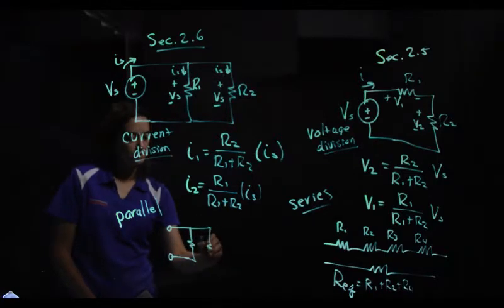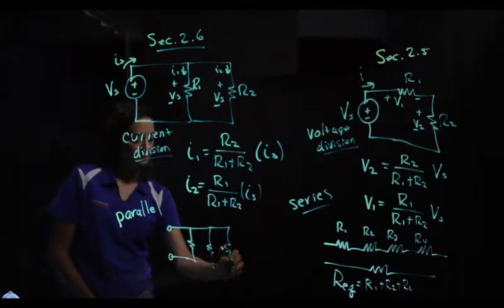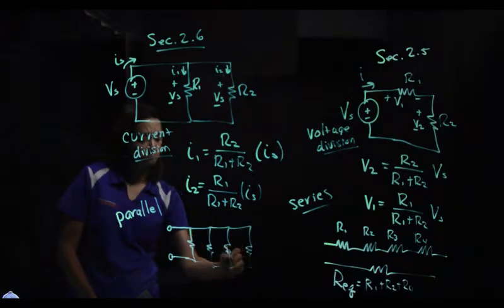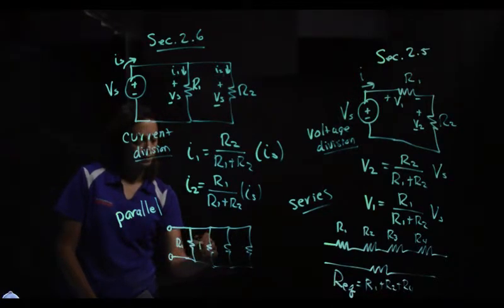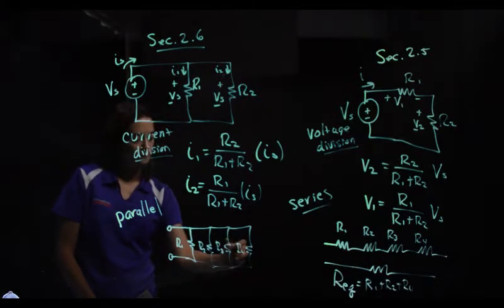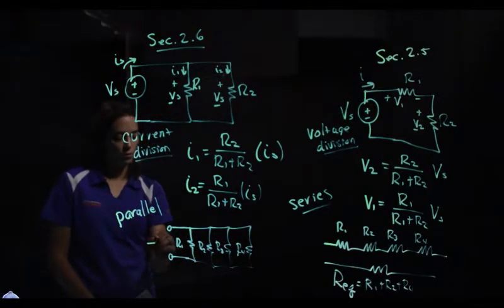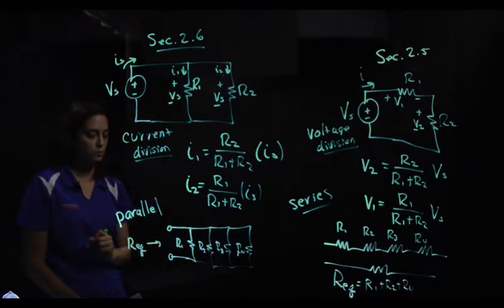So if I have resistors in parallel, again, this could be as many as we want. I'm just going to draw 4. R1, R2, R3, R4. And I want to know what my equivalent resistance is. I want to replace all those with one resistor.